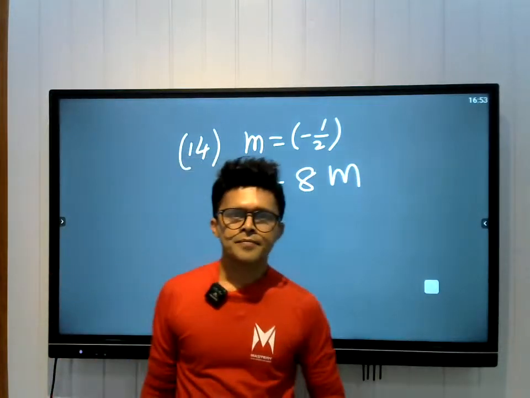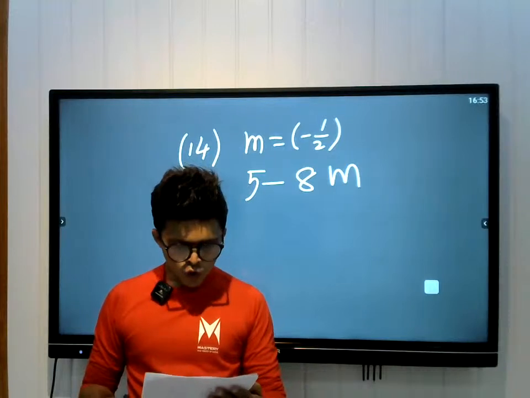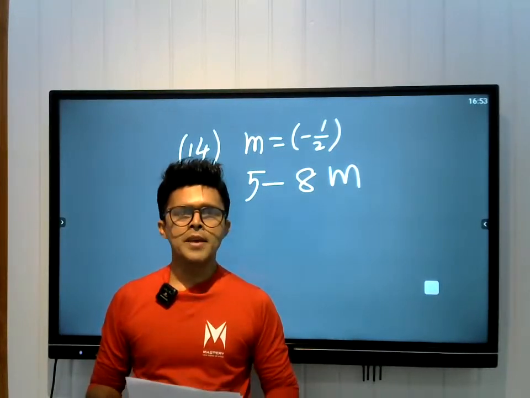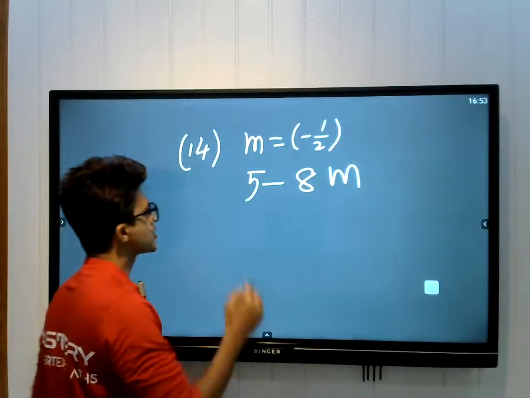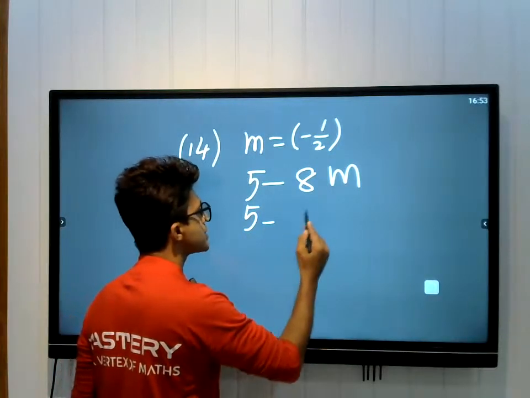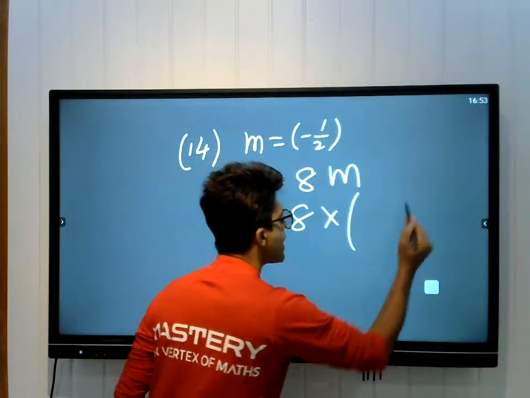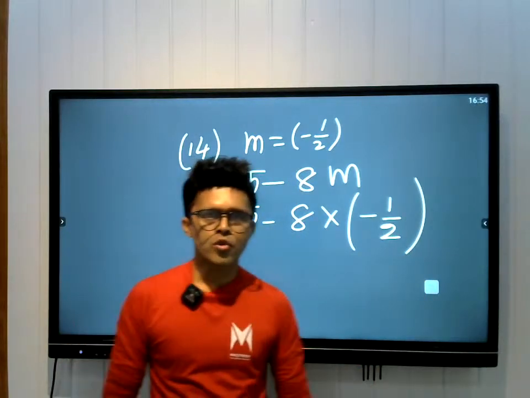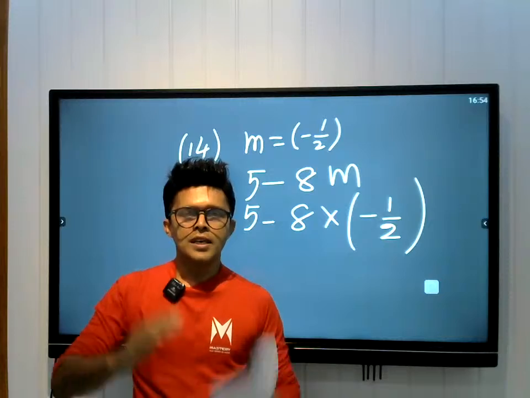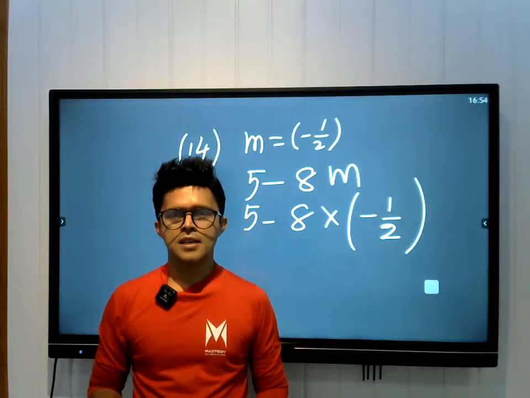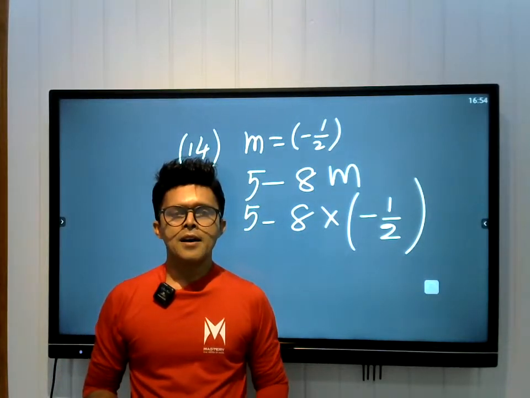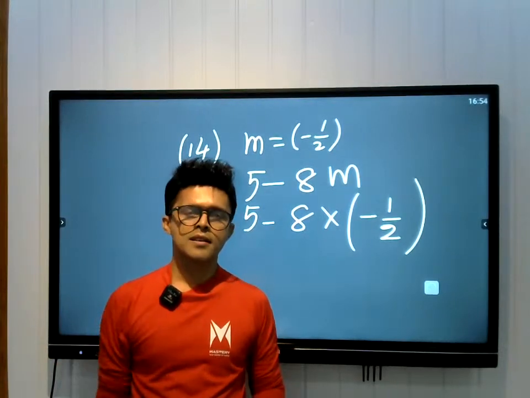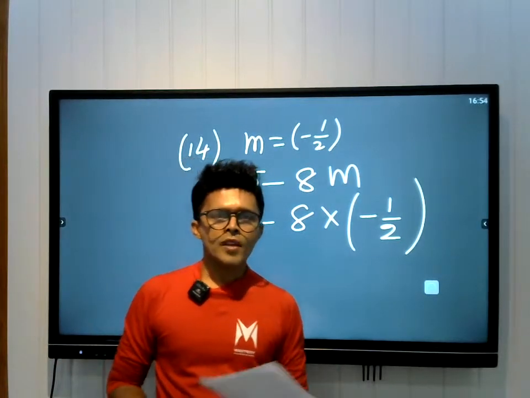How do we get the answer? Substitute m equals minus half: 5 minus 8 into minus half. Don't forget, you have to write this minus half in brackets. I'd like to know your answer. If you have it, please send it to me.